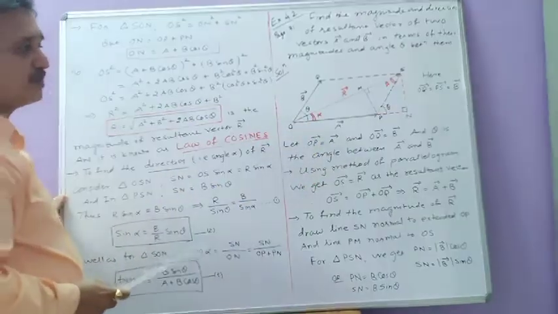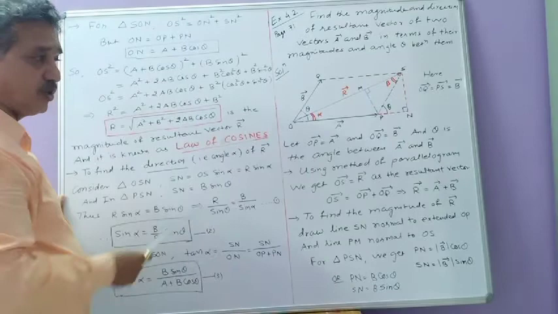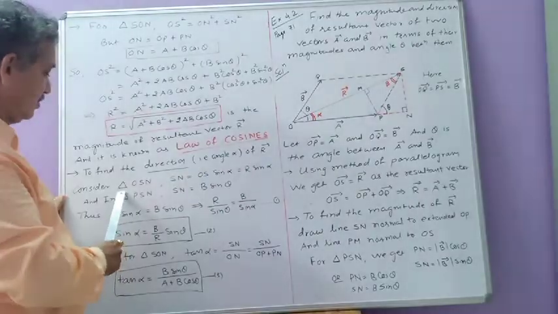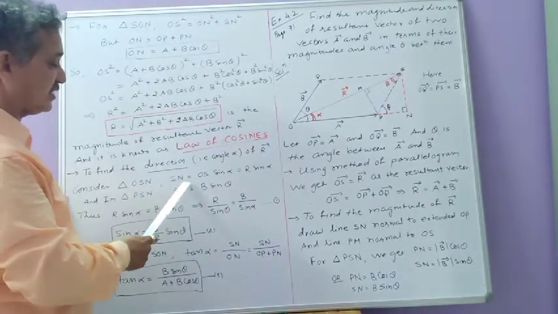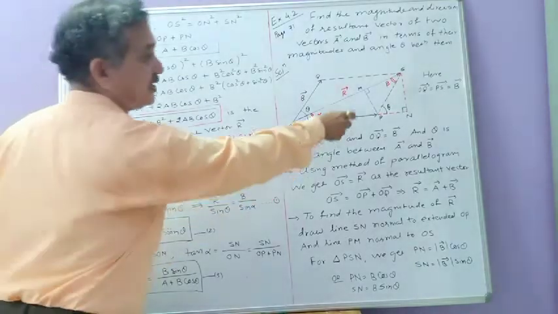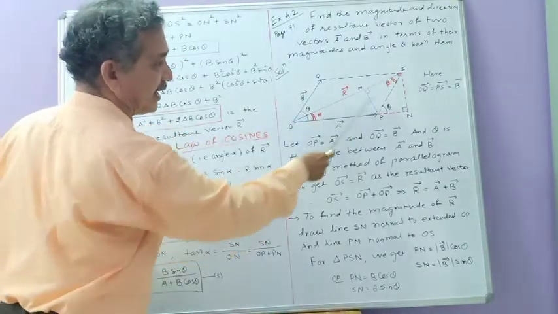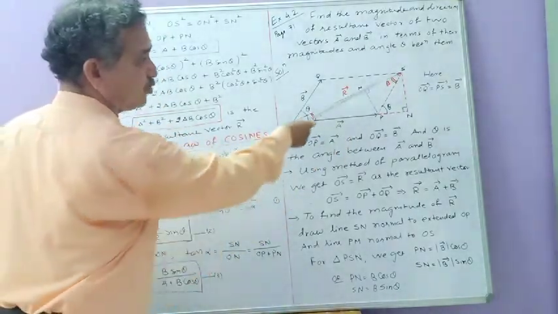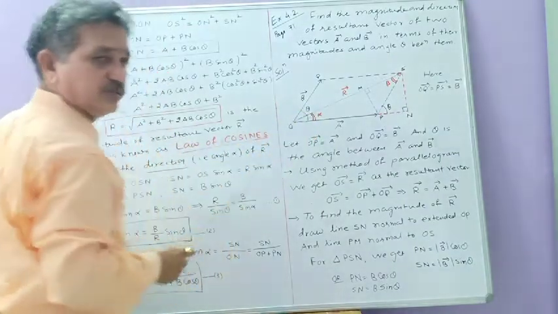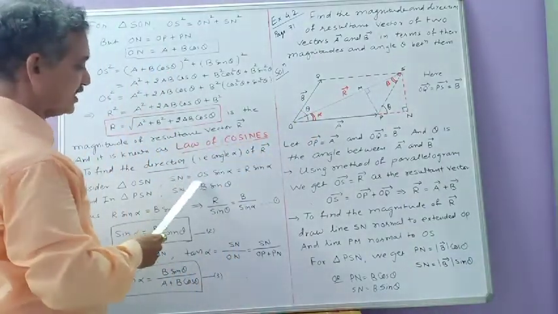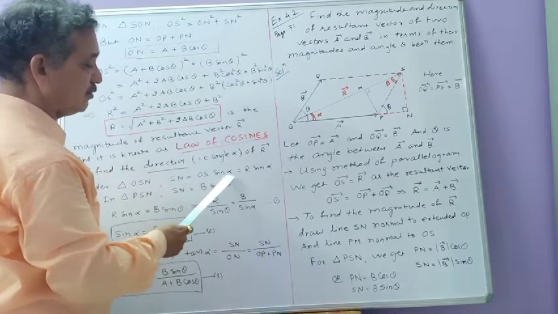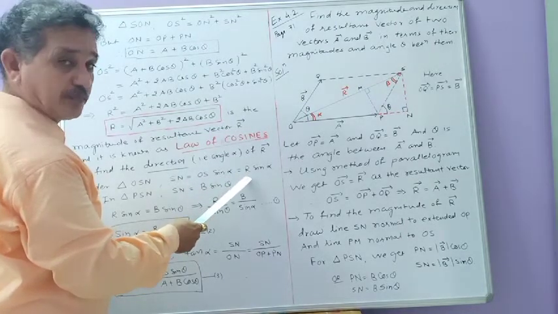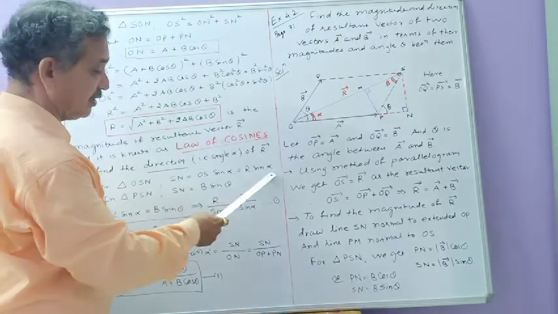For triangle OSN, SN is opposite to the angle alpha, so it equals hypotenuse into sine. We can write SN equals OS into sine alpha, and OS is the magnitude of the resultant vector R, so SN equals R sine alpha.